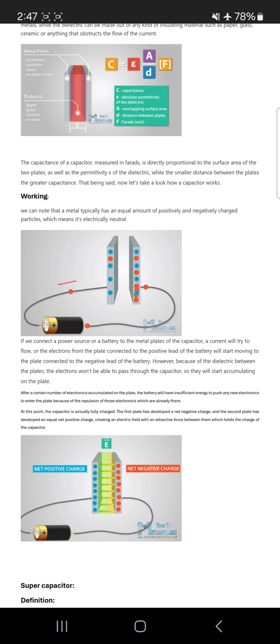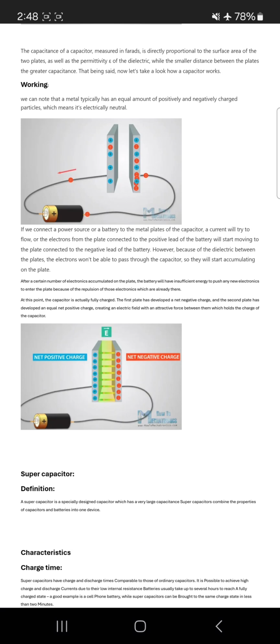The first plate has developed a negative charge and the second plate has developed an equal net positive charge, creating a dielectric field with an attractive force between them which holds the charge of the capacitor. Here you can see both poles with positive and negative charge and the movement of negative charge from one pole to another.